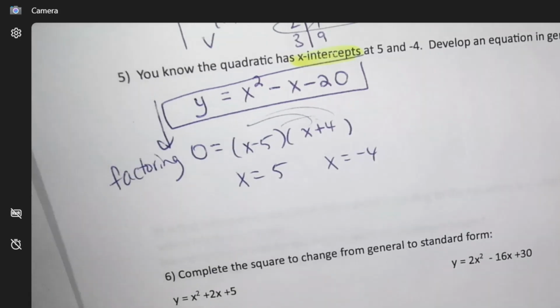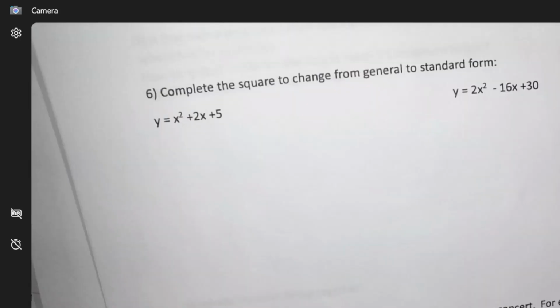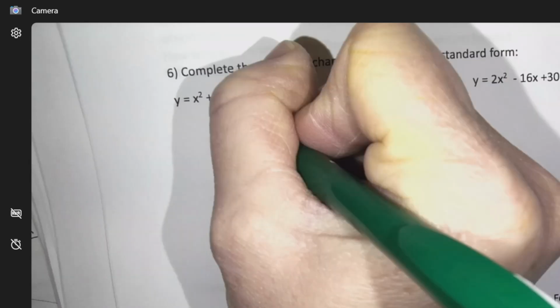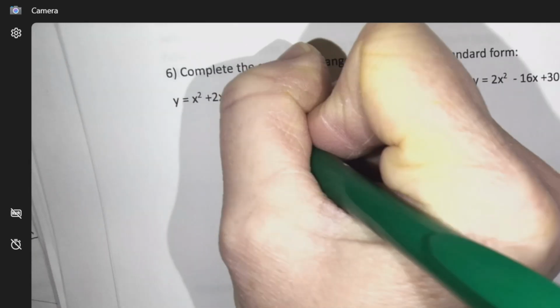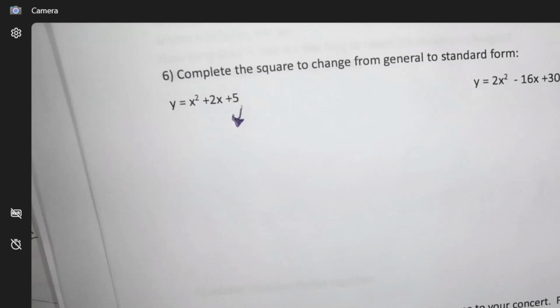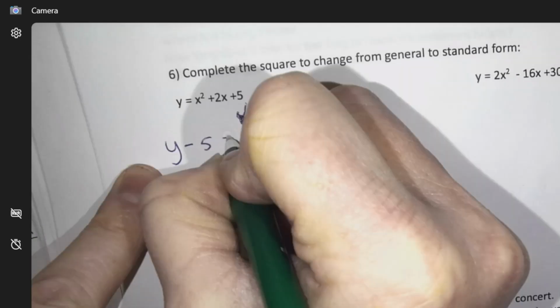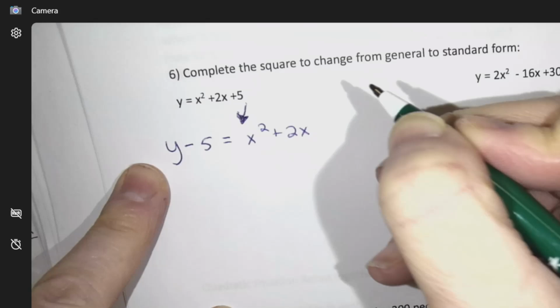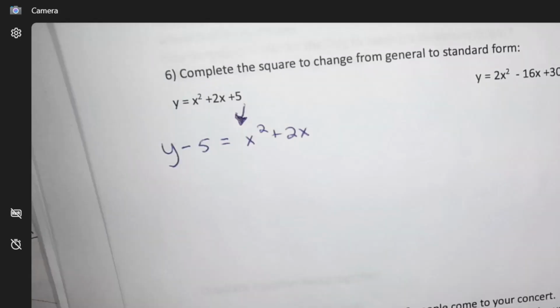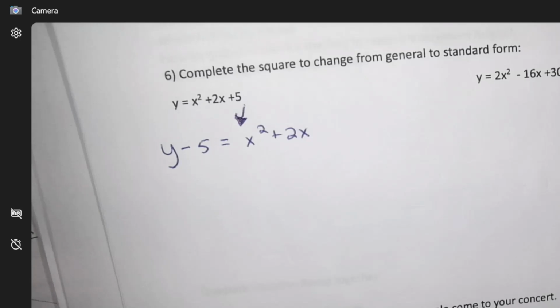Okay, complete the square time. Okay, so step 1. Move that out of there. Step 1, get rid of the end. Why?